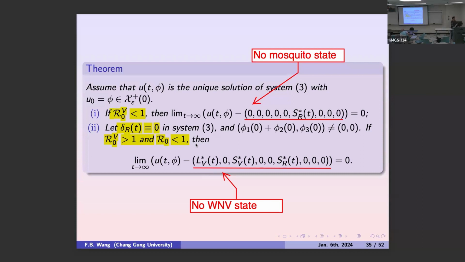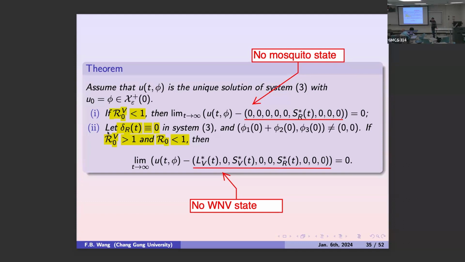This term represents the disease mortality. So if we ignore the disease mortality, then we can have this result. But if the mortality is positive, then I cannot prove it. So probably if the mortality is not zero, then we cannot control the disease using the reproduction number.